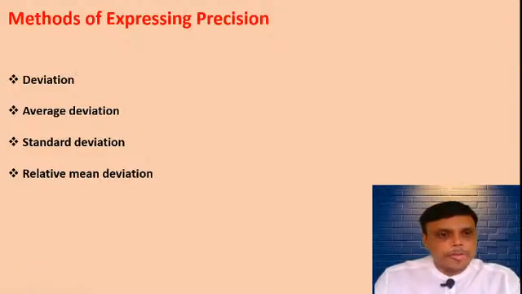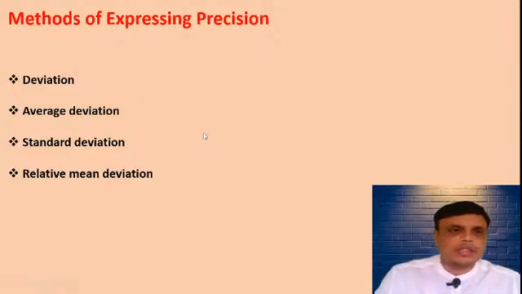For example, if you are asked to calculate the relative mean standard deviation, then to calculate it you have to calculate deviation, average deviation, and standard deviation also. So these three terms are very important. Which three terms?